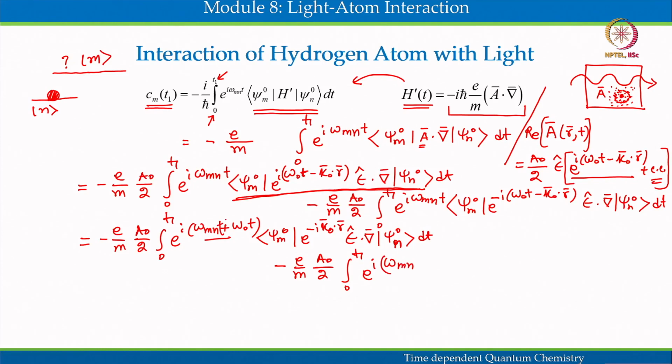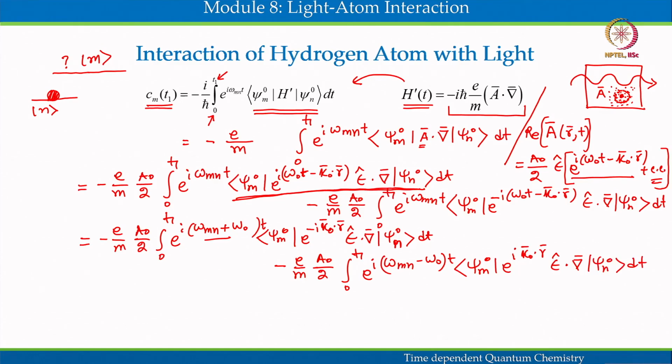Here I have another t term, so I can take the t term outside the bracket: omega mn minus omega naught t, then the spatial integration psi m 0 e to the power i k naught dot r, epsilon dot psi n 0 dt. That is the way we can write it down.